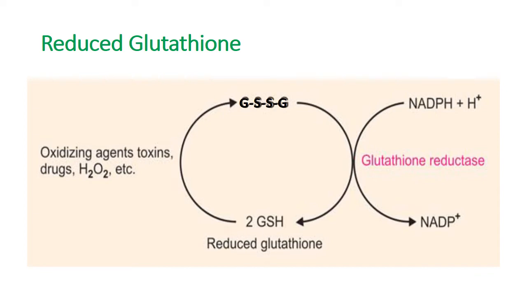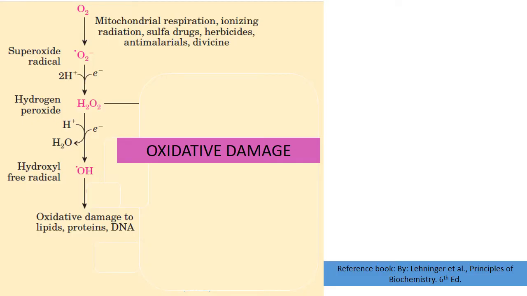So briefly, here you can see there is an oxygen demand in very active cells in the mitochondrial respiration, ionizing radiation, sulfur drugs, herbicides, anti-malarial drugs, and divicine.